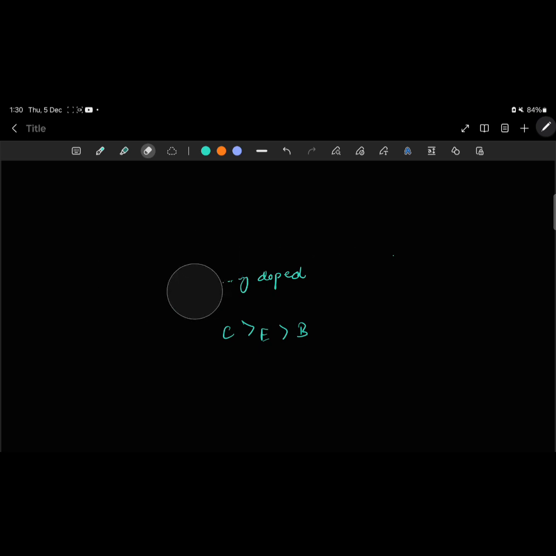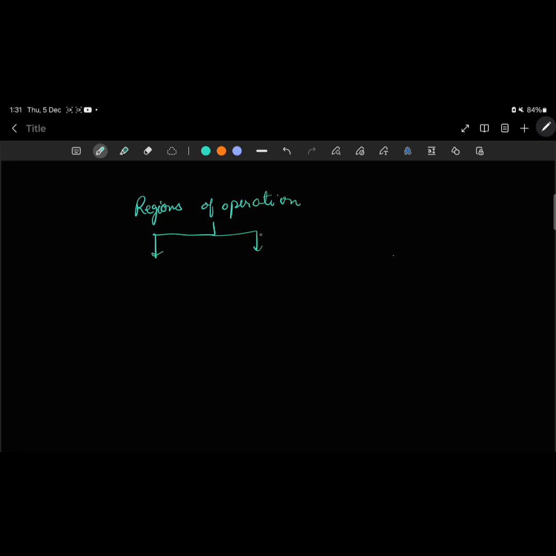Let's move on. Depending on biasing, the BJT can be operated in three regions. The regions of operation are: first is the active region, second is the cutoff region, and third is the saturation region.